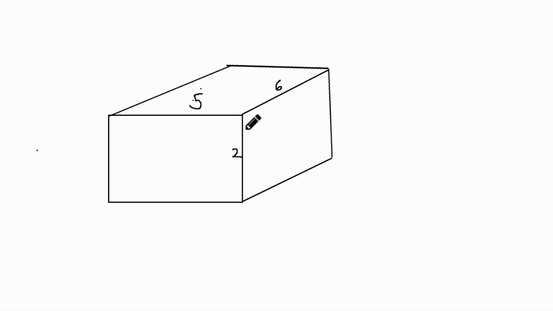You should break it down so you can see that there are two rectangles, one with length 5 and width 2, and the other with length 6 and width 5. So if I draw it out here, 5 and 6, this one here is this one, and the other one is 5 and 2.